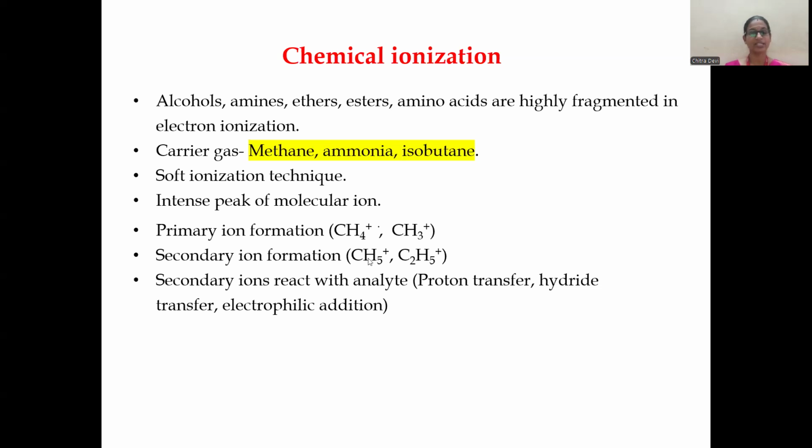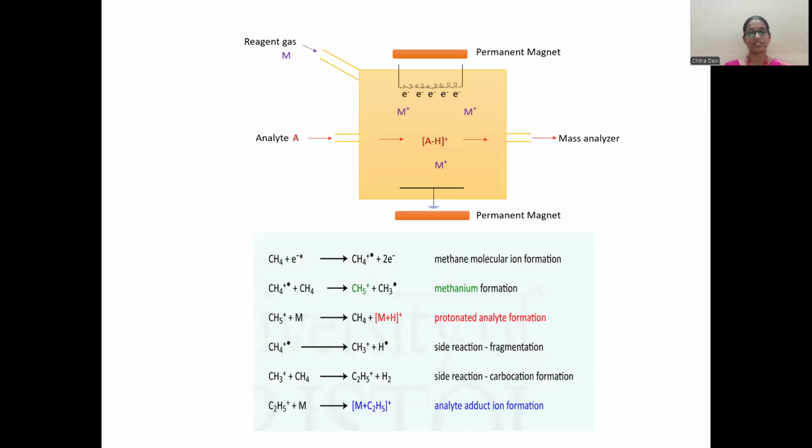Secondary ions will be CH5 plus and C2H5 plus. After the production of secondary ions, they will react with the analyte and produce your sample ions. Then these sample ions will be accelerated and reach the detector after the application of a strong magnetic field.